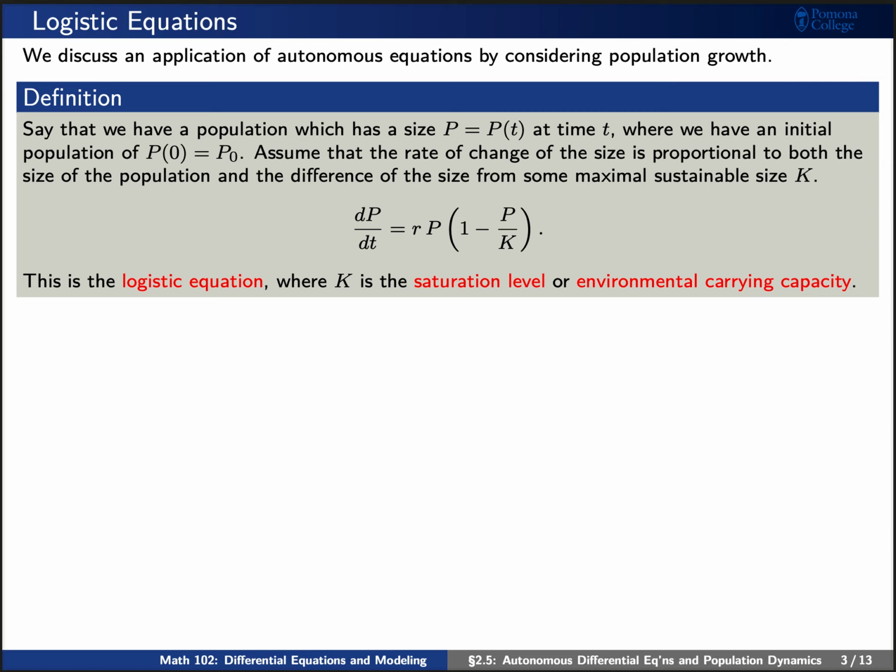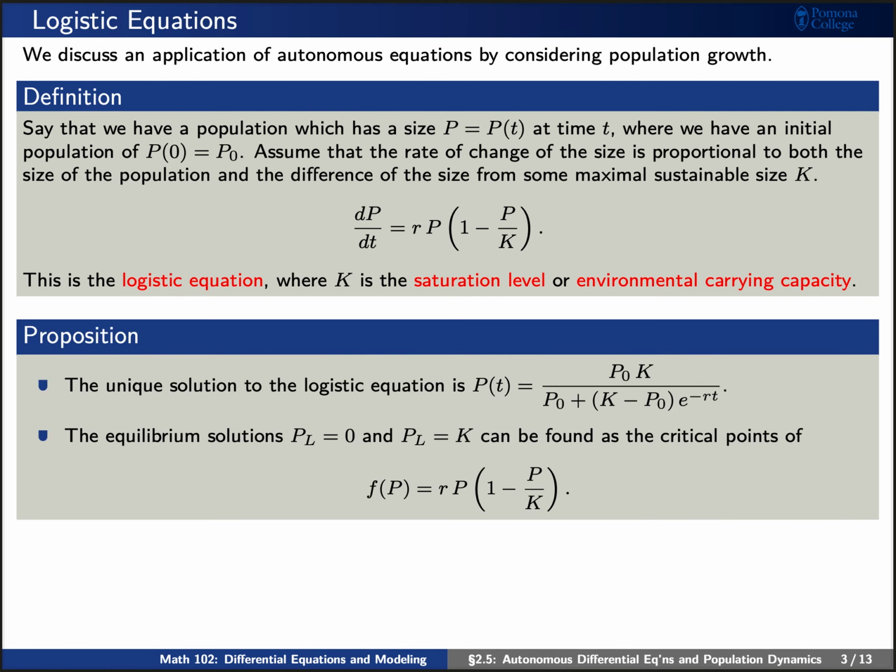Here, think of this as we may have some population, and if the population gets too big, then we've taxed our resources too much, and people may decide that they want to leave that city. The equation that we find is dp/dt equals r times p times 1 minus p over k. Here, r is the rate of growth, and k is our saturation level, or you can say our environmental carrying capacity. We'll call this differential equation the logistic equation.